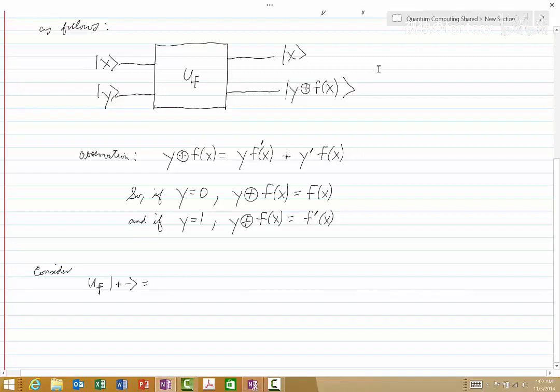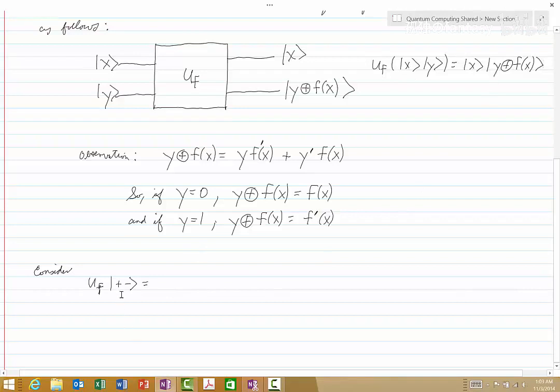This picture we have right up here at the top of the page could be written as U_f acting on x, y is equal to x, y exclusive OR f of x. That's how we would write it. This picture represents this equation.